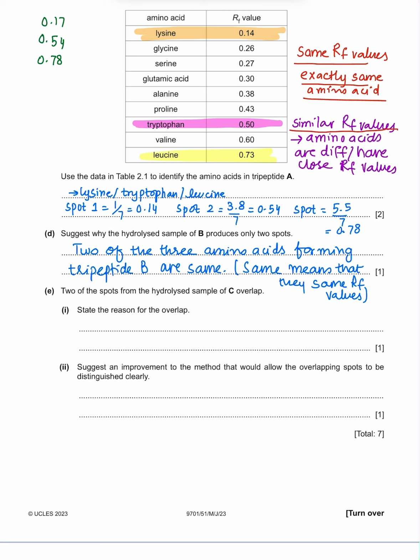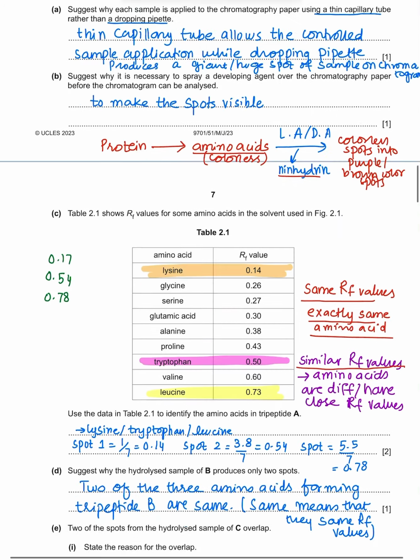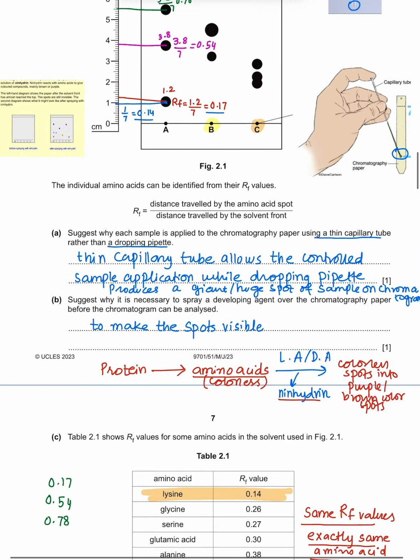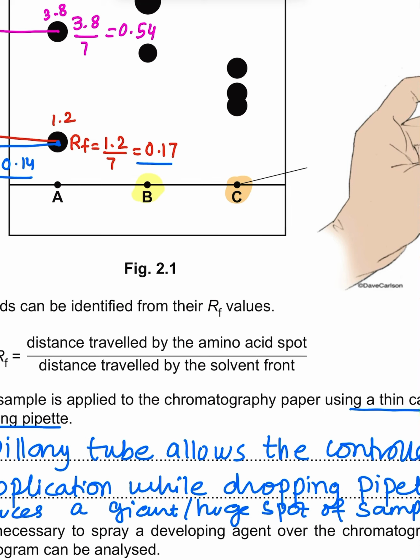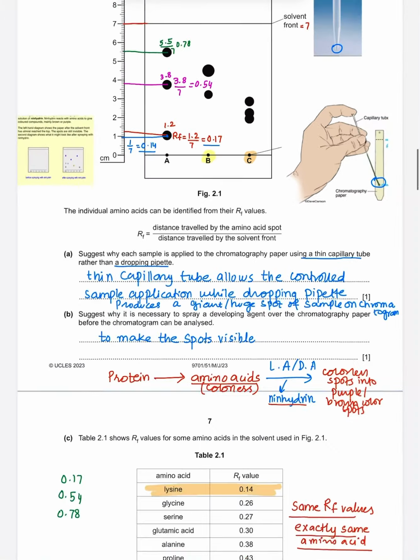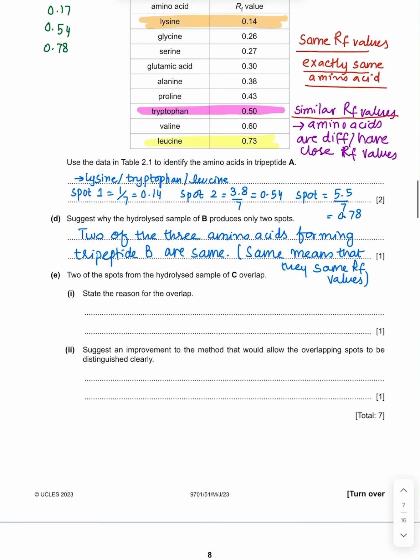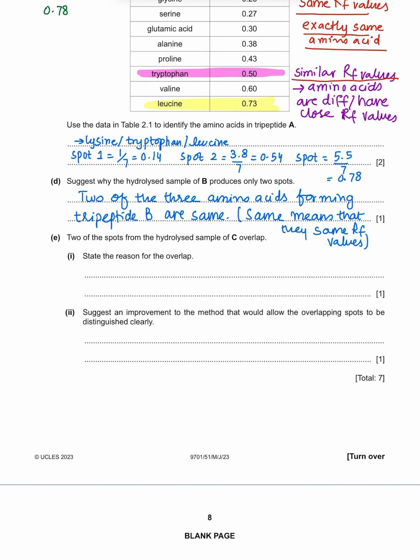Then we have part E, two of the three spots from the hydrolyzed sample of C overlap. Okay, so you can see that in case of C, there is a kind of overlapping, right? So we can see that overlapping is occurring here. What could be the possible reason? And this is where the idea of similar RF values is going to be implemented.